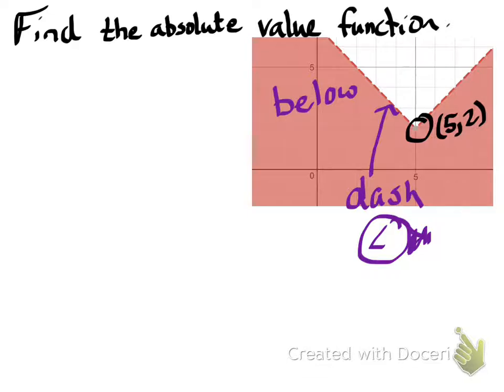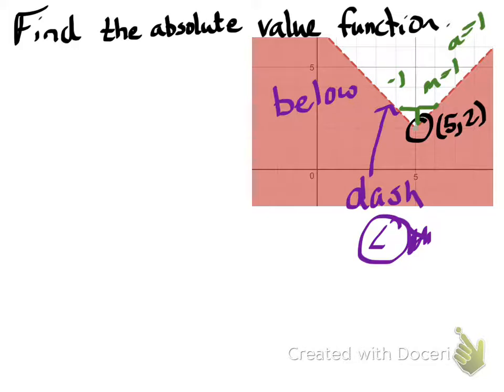Now I need to find my slope, and going to the right, I went up 1 over 1, so I have a slope of 1 going right. And that means that my slope going left is going to be negative 1. And so whenever that's the case, that means our a is equal to positive 1. I'm opening up, so I know it's a positive 1.